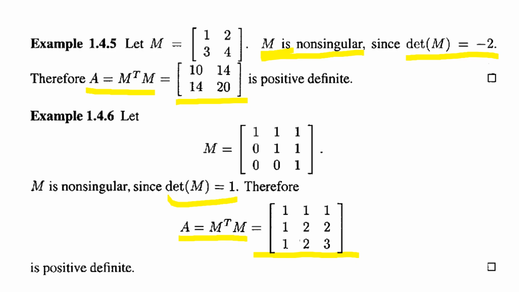The leading principal submatrices show that these matrices are positive definite, and according to this theorem, both examples show that A is a positive definite matrix.